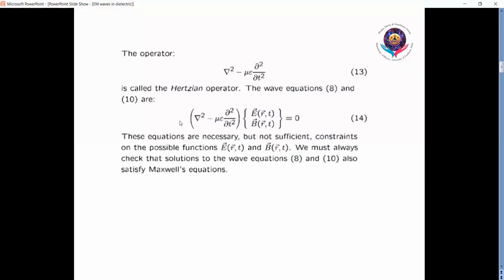Just see here, this one is a differentiation with respect to space, and this is with respect to time. So here we will get a term of k, and here we will get a term from omega.